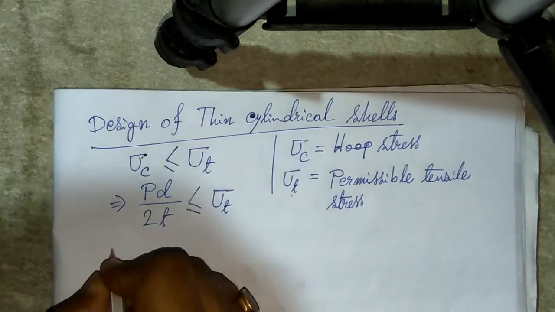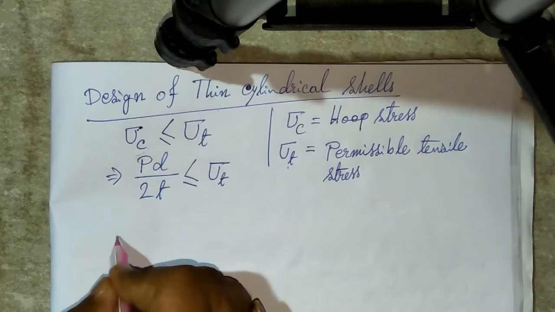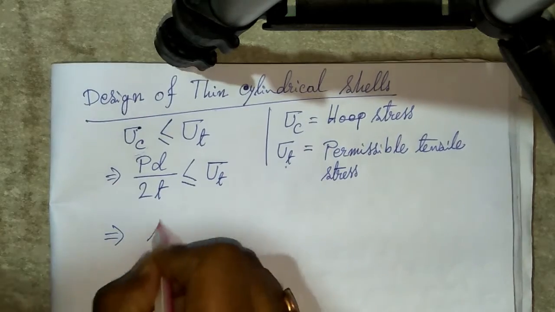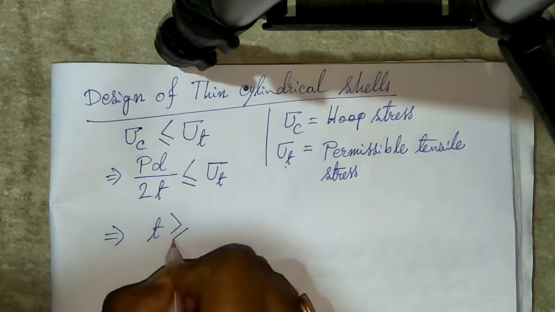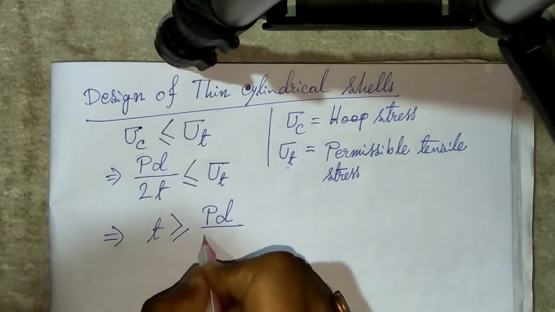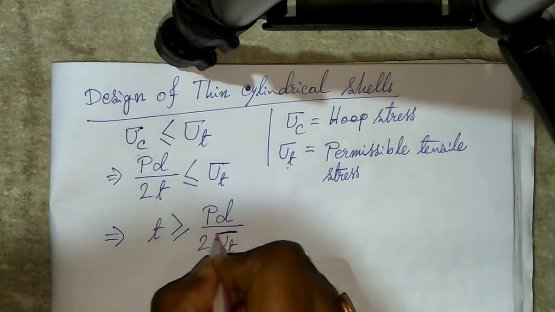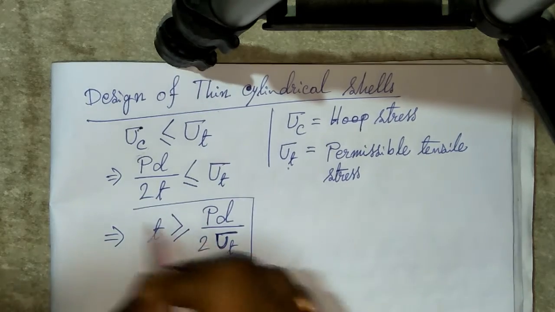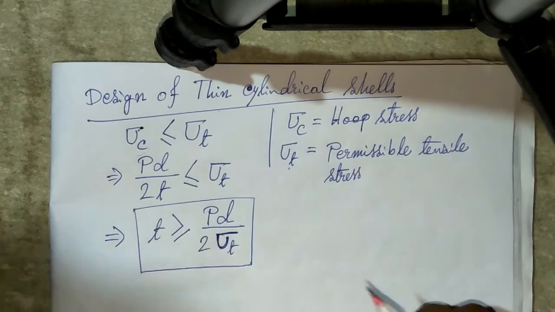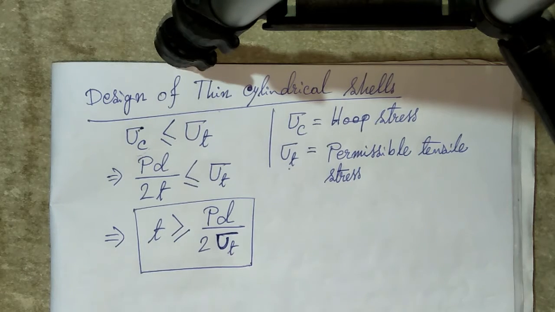Or the thickness of the cylindrical shell is equal to p d by 2 into sigma T. This is the required thickness of the cylindrical shell for a permissible tensile stress of sigma T.